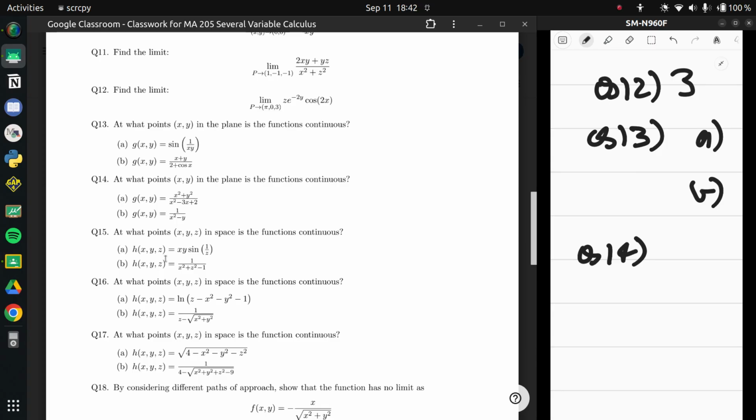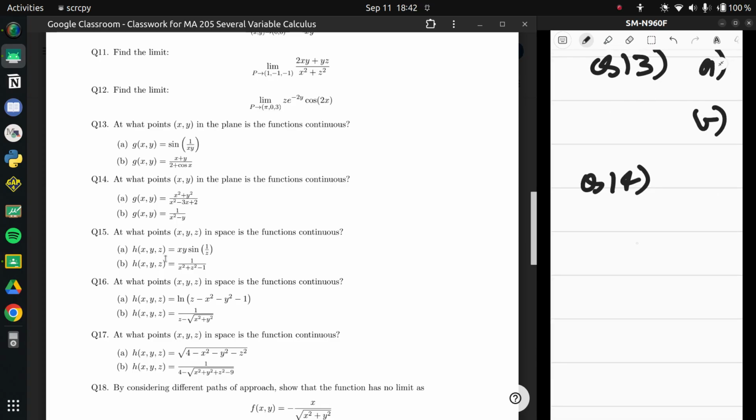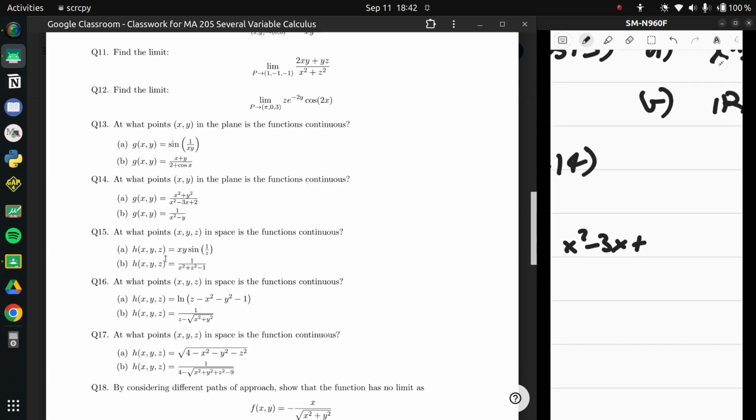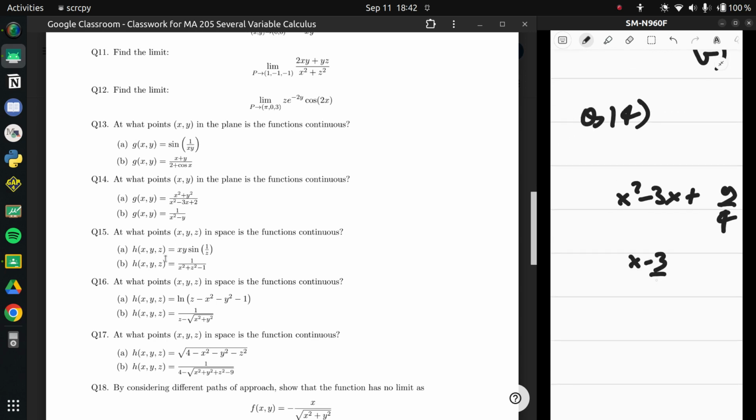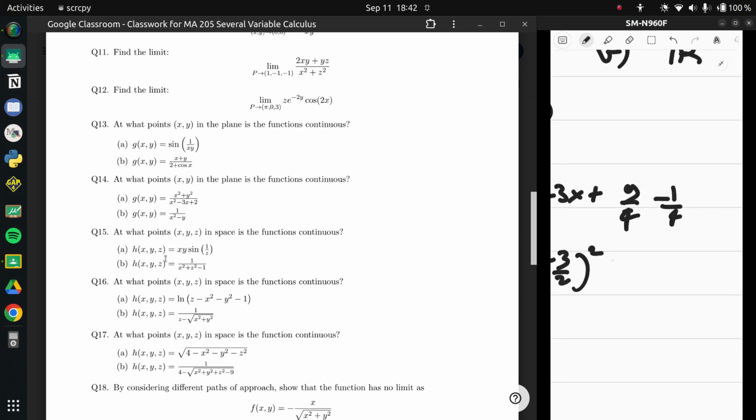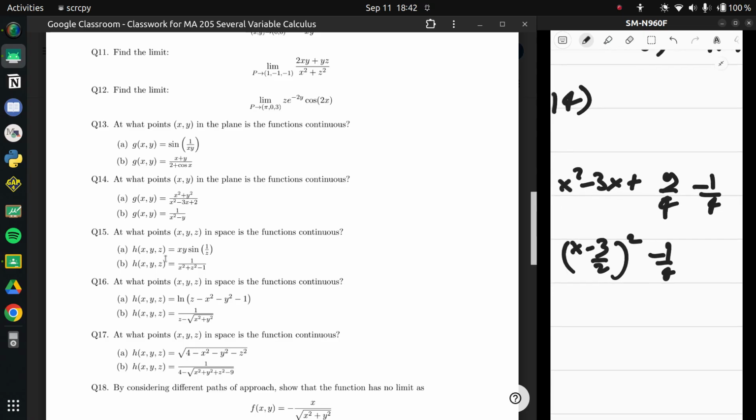Anyway, question 14. At what points (x, y) in the plane is this function continuous? Okay, this is the first one. So this is x square minus 3x plus 9 by 4, minus 9 by 4, so it's minus 1 by 4, so it's something like x minus 3 by 2 squared. That's the stuff. This is what rings are made of.